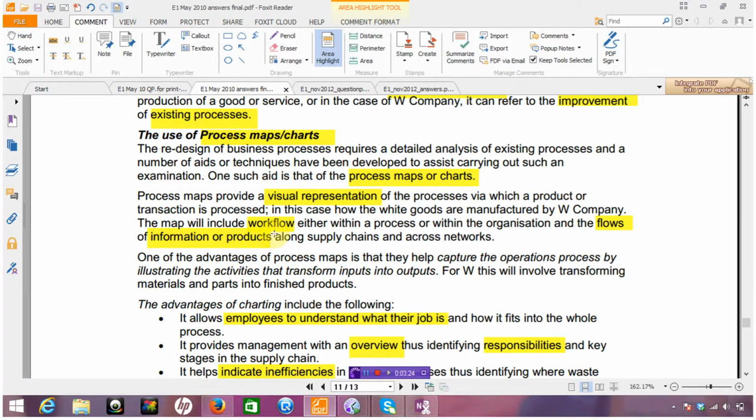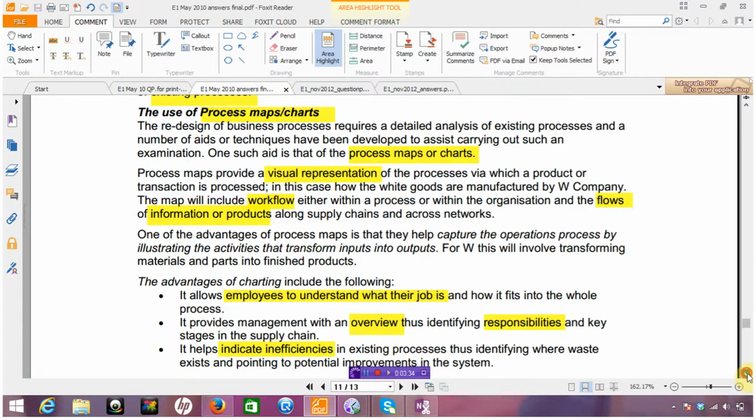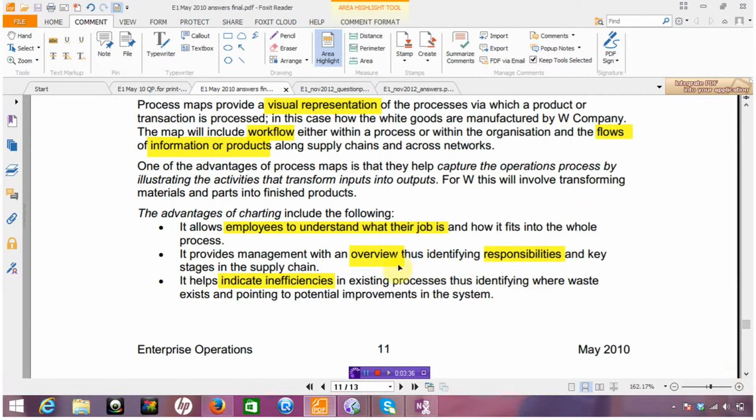All of the flows of products or even information need to be mapped out in a flow chart. The advantage that gives individuals and the company overall is that it enables employees to understand and clearly see how their job fits in. Linked to that is an overview of the responsibilities and the key stages in the supply chain.